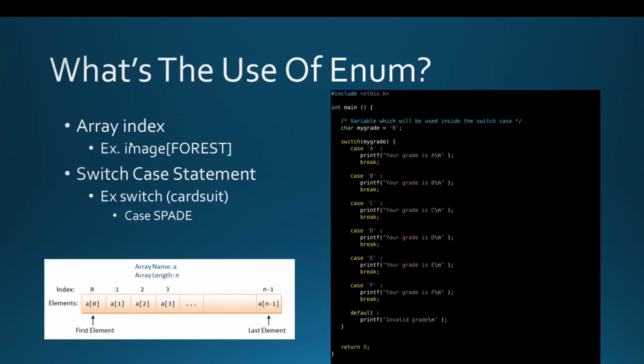So let's say you're loading some assets, you're programming the code to load all the assets, the images, and you want to render an image. Instead of guessing which number, you could make an enum related to images, and you could put the element of the image into the index of the array.